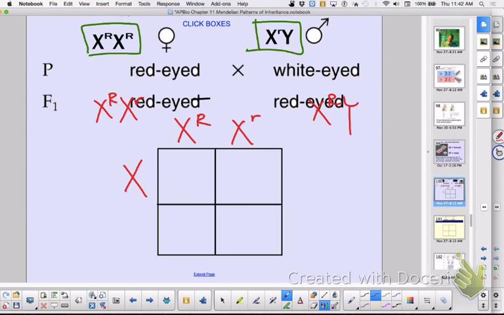Only look up here if you need a little help. Okay, so now we're doing an F2 cross, crossing the F1s to get the F2s.